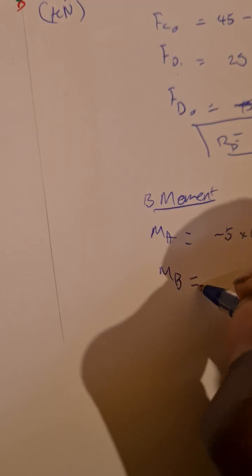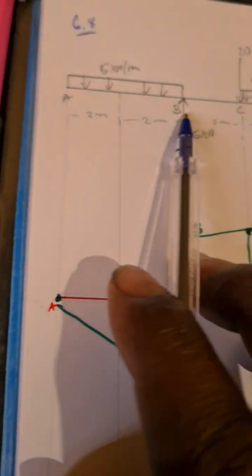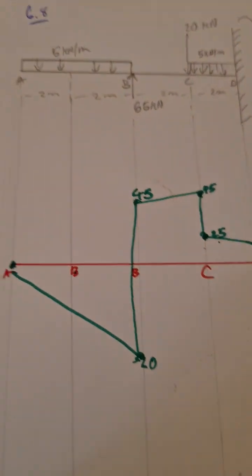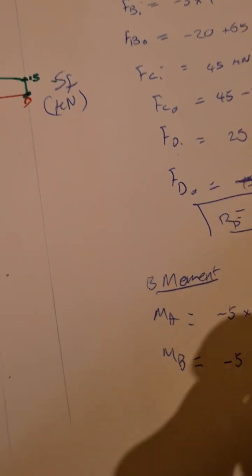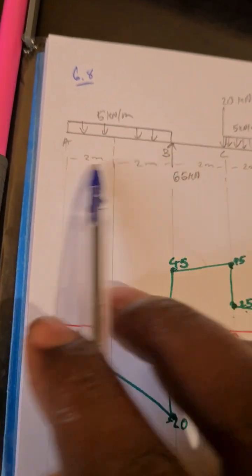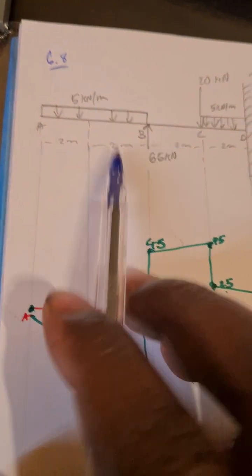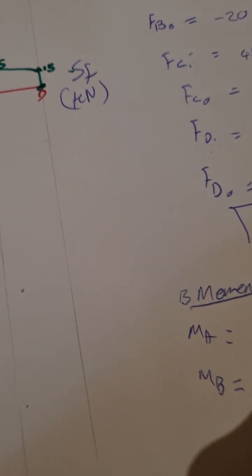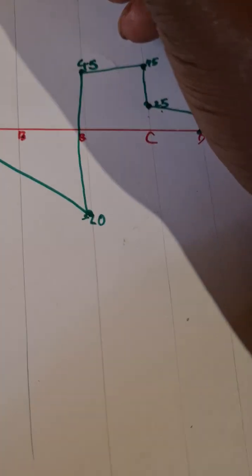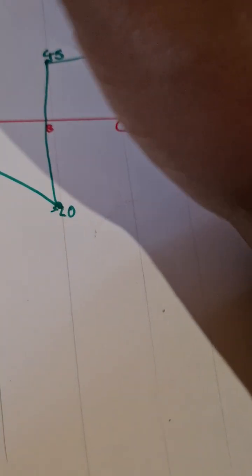Moment at B. So there's B here, right? So we have the UDL only, so we have minus 5. What is the distance from A to B? It's 4 times 4. We converted this into a force, and then that force acts in the center of that distance.